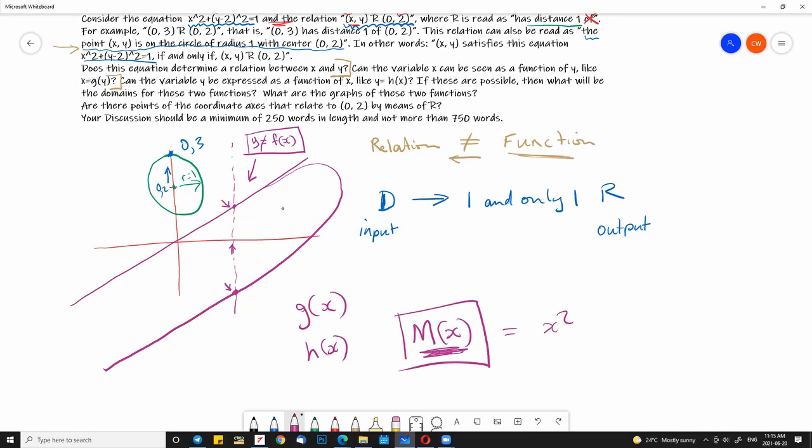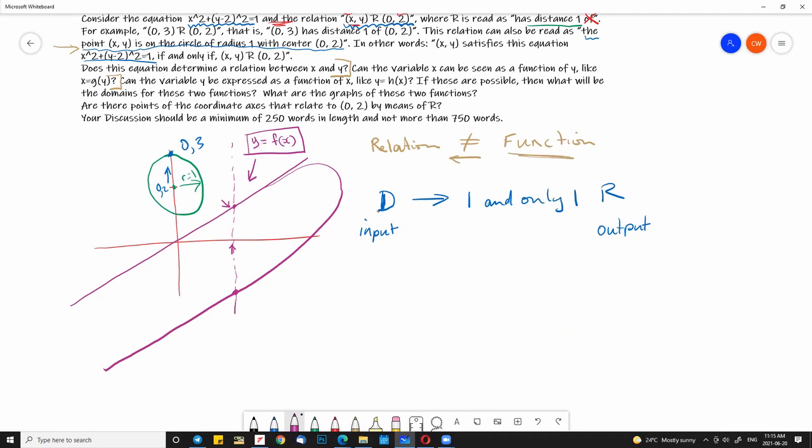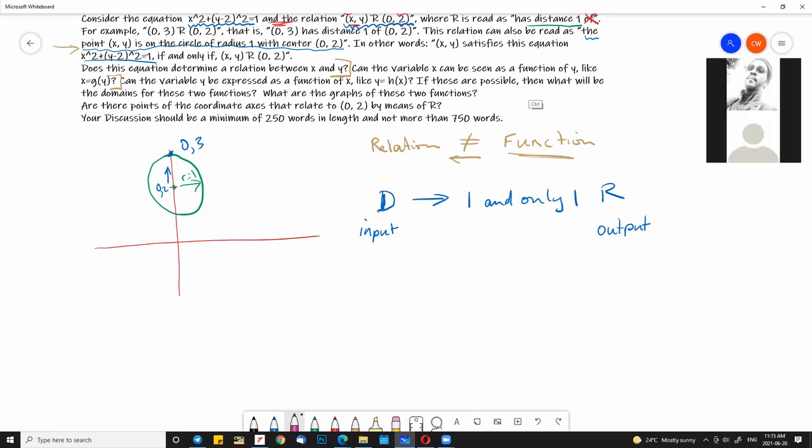Okay? Now let's go all the way back to our circle. If x is a function of y, then every input of y will give one x, one output.